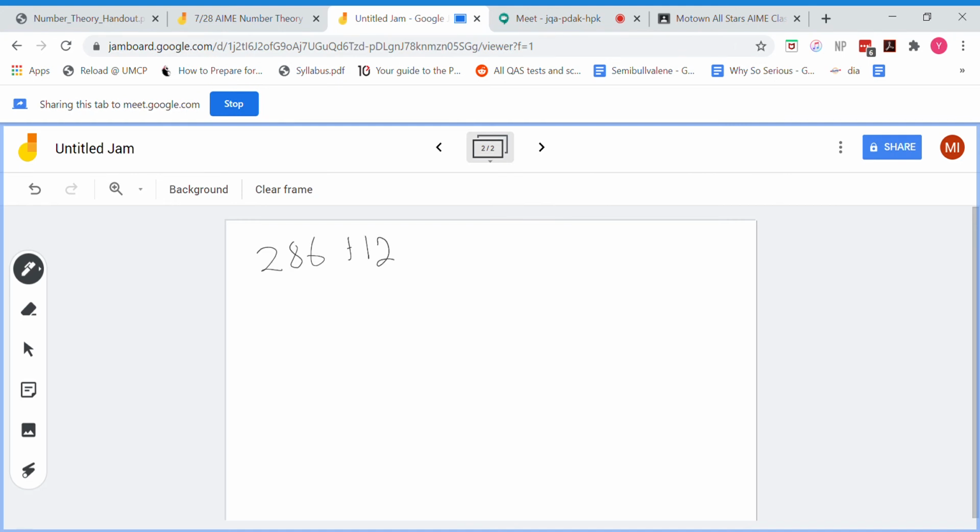So 286 plus 121 gives 407. And this is not divisible by 2, 3, 5, or 7. So the GCD of 407 and 210 equals 1, right? And that's exactly what we wanted. Okay, so that's a possibility.